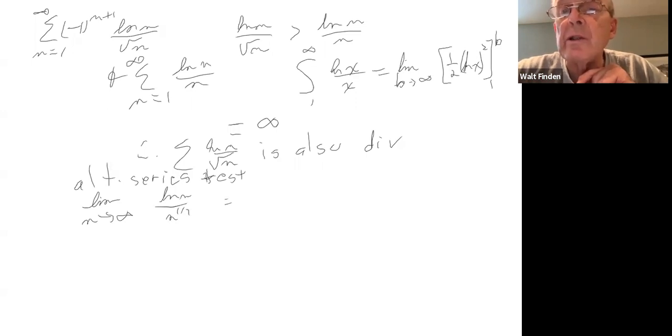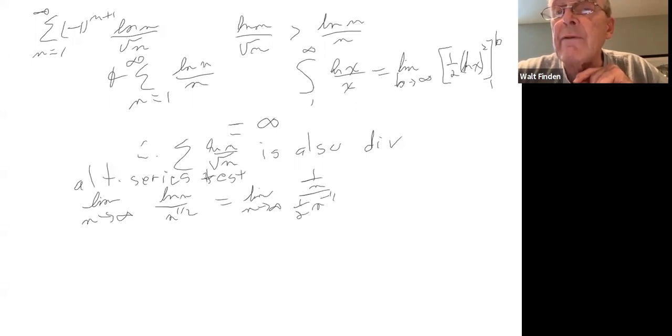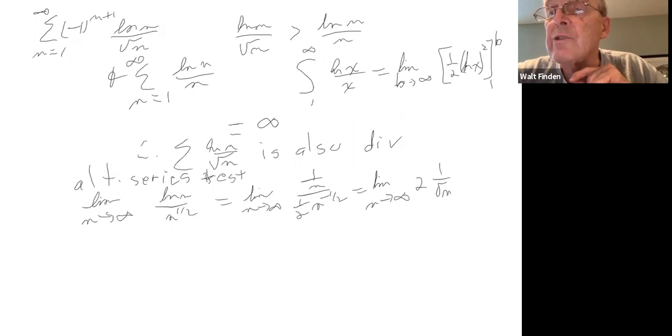That is the limit, using L'Hopital's rule, of 1 over n over 1/2 n to the minus 1/2. That is the limit as n goes to infinity of 2 over root n. That's 0.